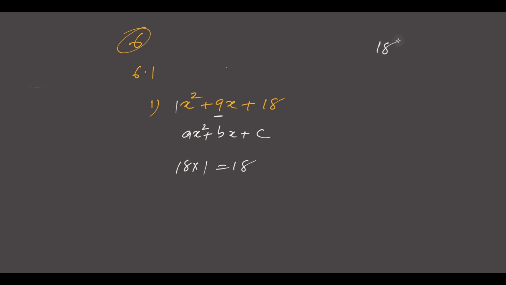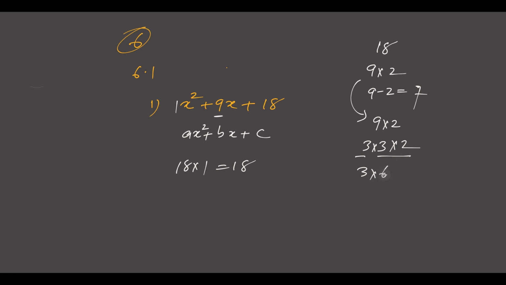Let's consider 18 as 9 into 2. If you add or subtract, we are going to get 7, but not 9. We require 9. So instead of 9 into 2, we have to break 18 like this: 3 into 6.